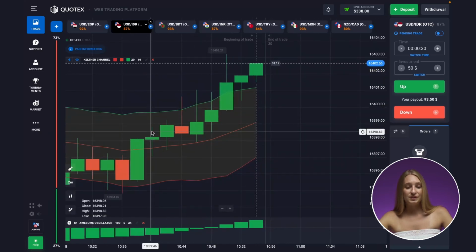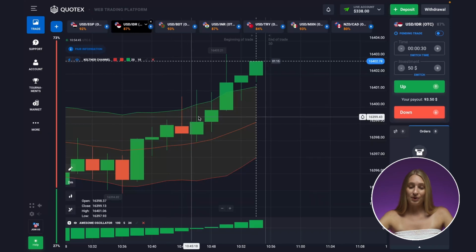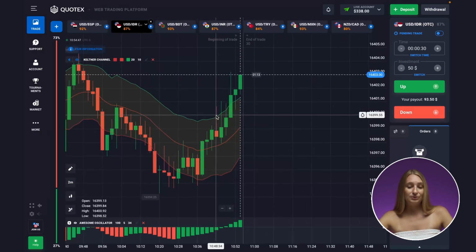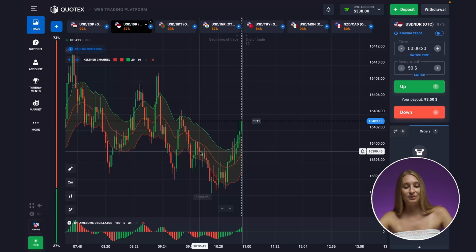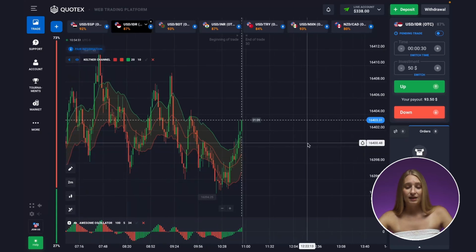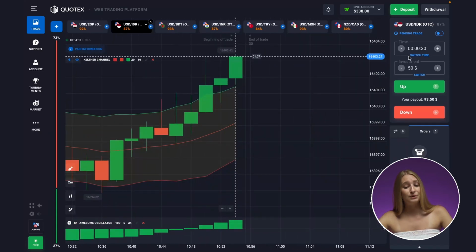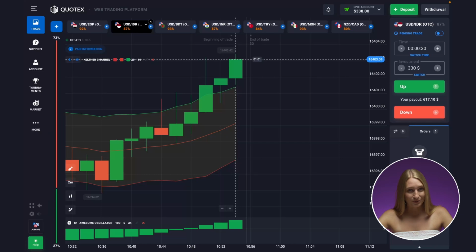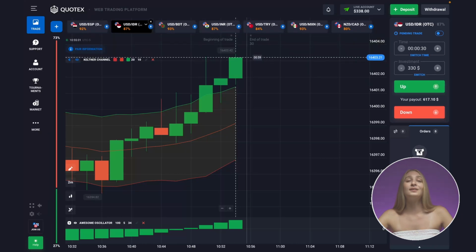Right now you see it is an uptrend, but we are looking at candlesticks that have pretty long wicks. It's pretty volatile, so we need to catch the right moment again. I will go with my new investment, $330, with a call option.